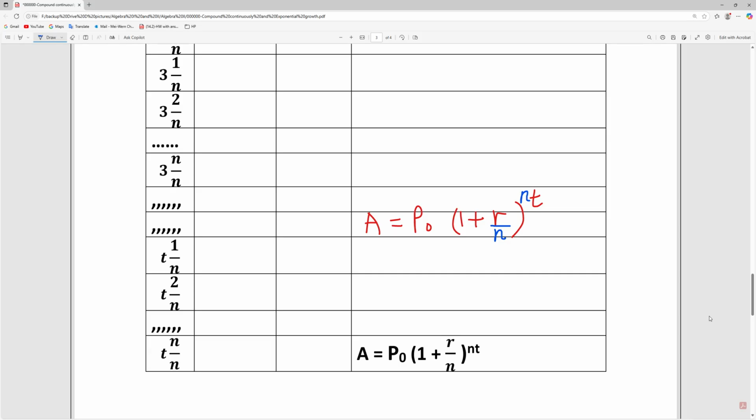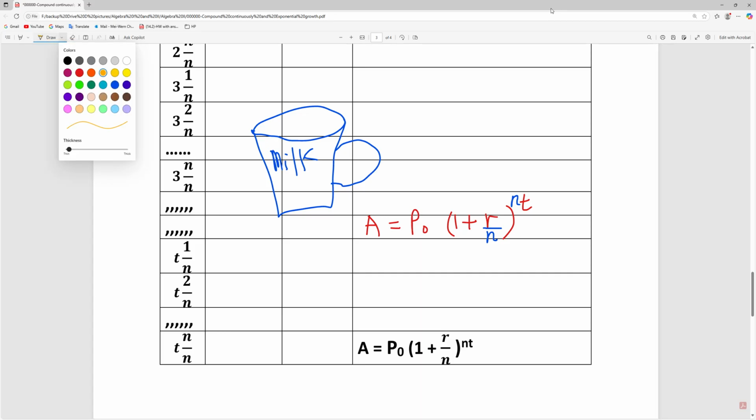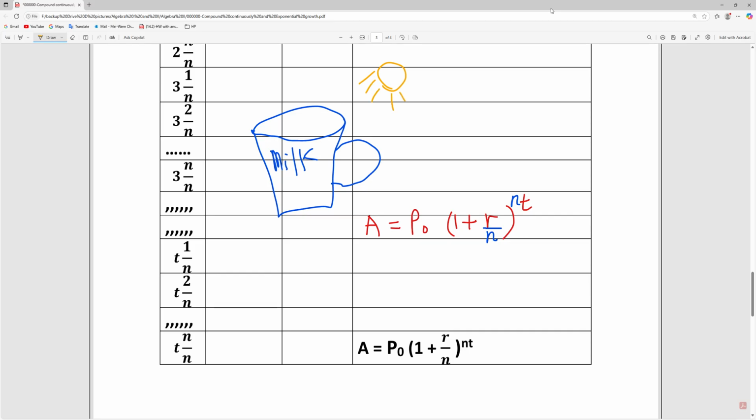Like if you order a cup of milk, okay, so that's a milk. This milk, you bring this milk under the sunshine. Let me change the color for the sunshine. Wow, very hot.